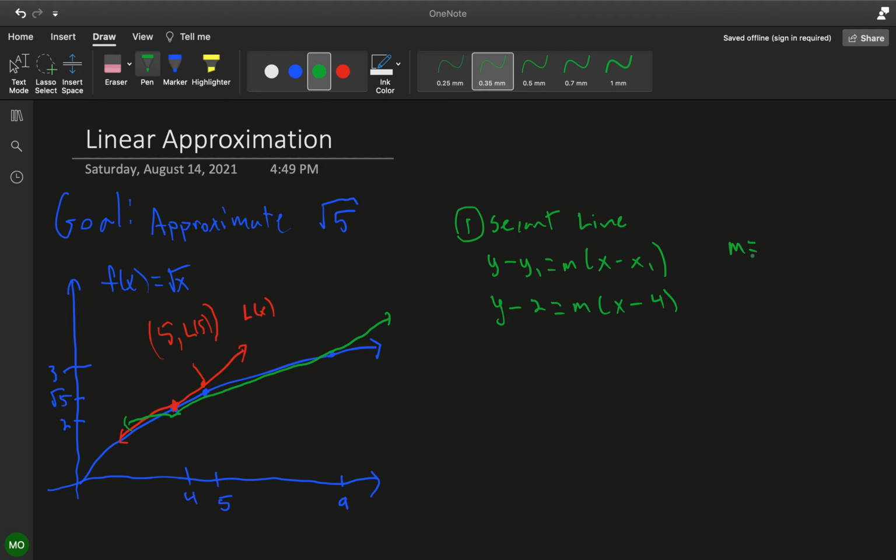And so we can calculate the slope of this line. We know 2 points on the line, so we can just directly compute 3 minus 2, which are our y values, divided by 9 minus 4, which are our x values. So we get 1/5 is our m. So we're getting y minus 2 is equal to 1/5 times x minus 4.